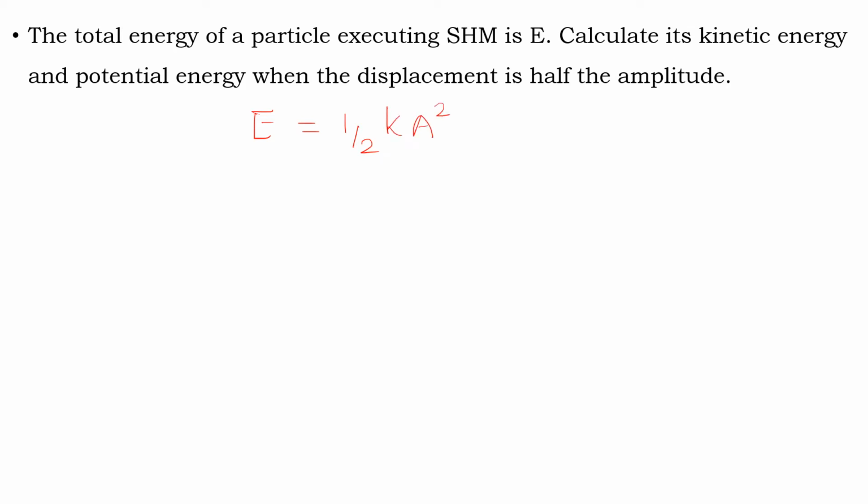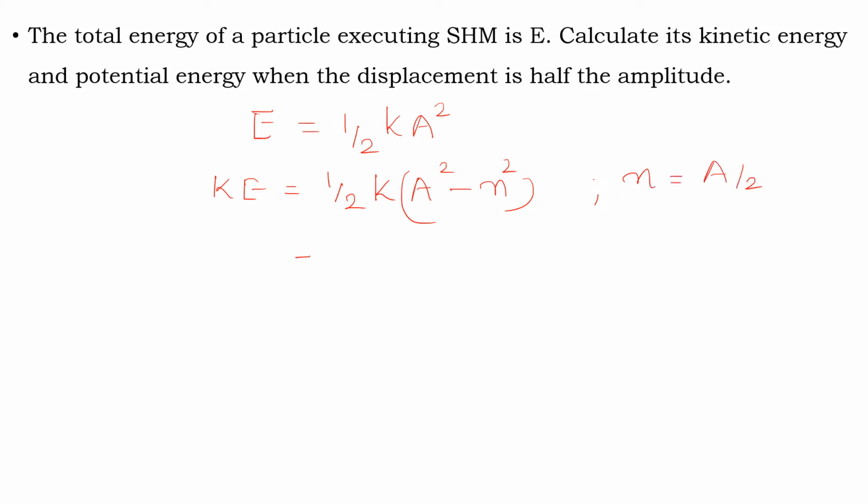And then its kinetic energy is equal to half K into A square minus x square. And here the displacement x is half the amplitude, that is x equal to A by 2.